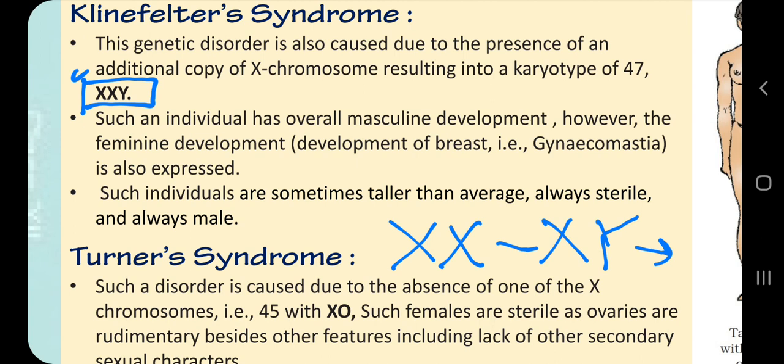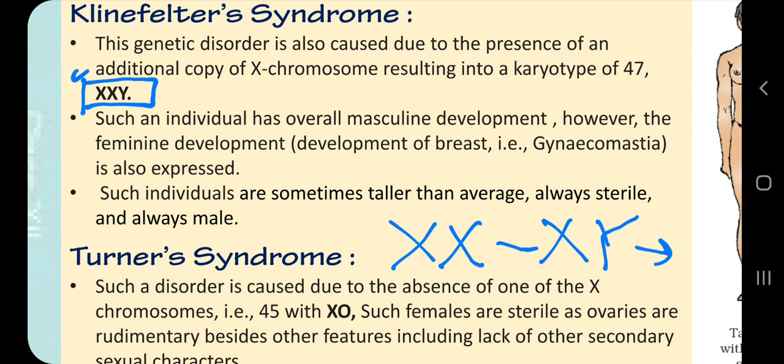See, it is a normal condition where XX females in Drosophila and in humans and XY males in Drosophila and humans. But if any human has one X chromosome, then it will be a female, as in the case of Turner syndrome. I already mentioned that in Turner syndrome, female humans only have one X chromosome, that is why they are having 45 chromosomes.